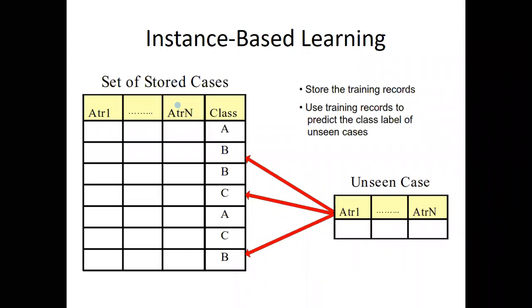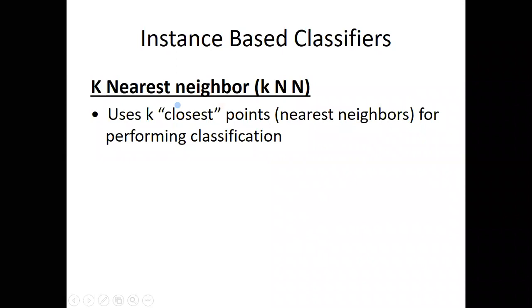One form of instance-based learning present in your syllabus is the k nearest neighbor algorithm, also called the KNN algorithm. KNN is one of the most widely used algorithms, and a very simple machine learning algorithm. If you have a very simple task without complications, most people will go for the KNN algorithm.